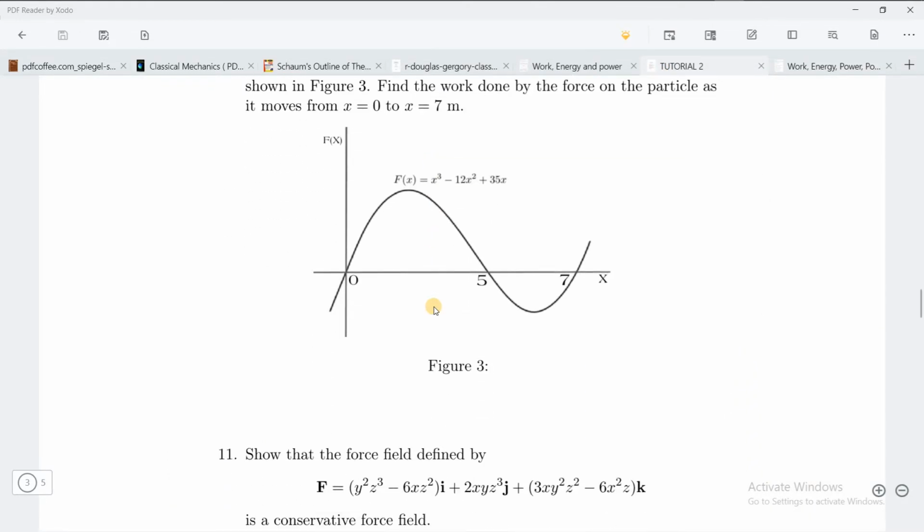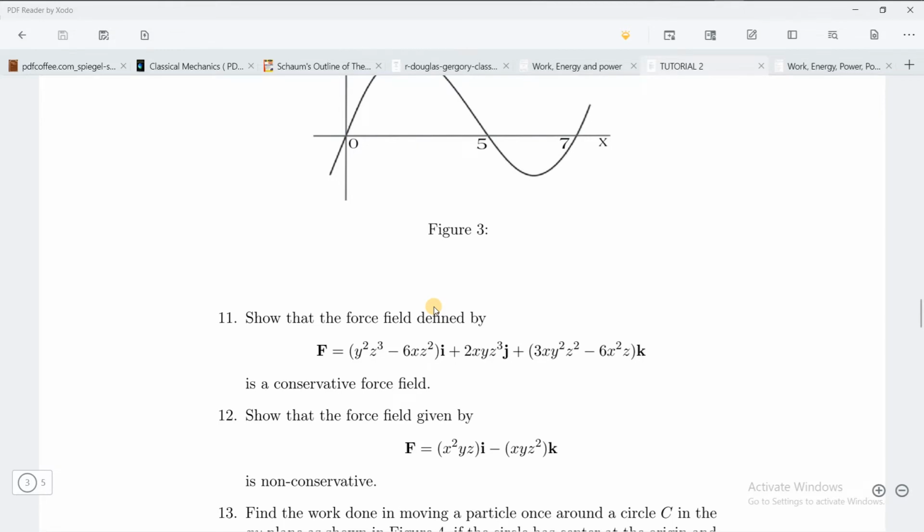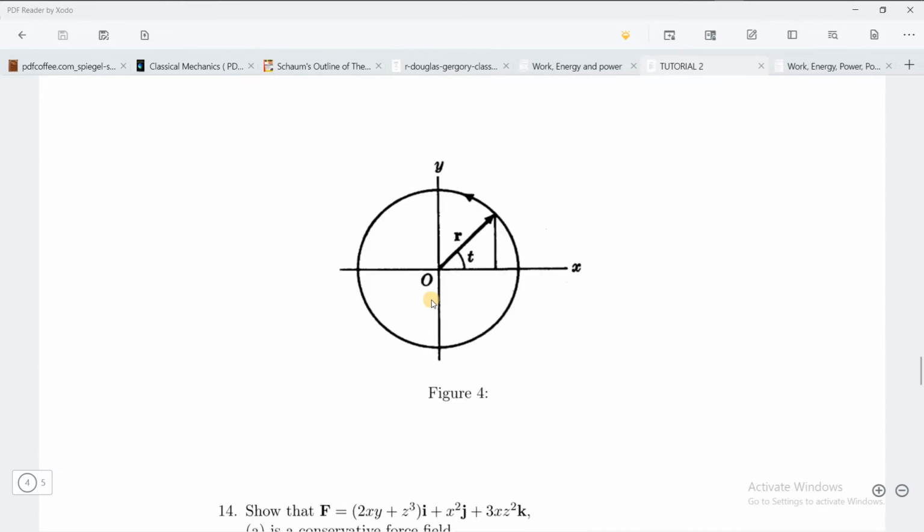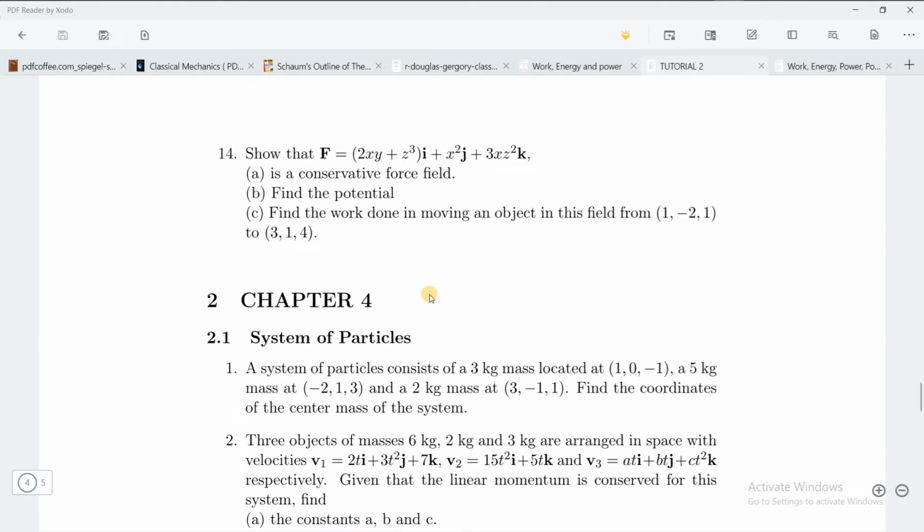There's also another question. There's question 14 here, which is saying show that F, which is equal to 2xy plus 2z cubed i plus x squared j plus 3xz squared k, is a conservative force field.